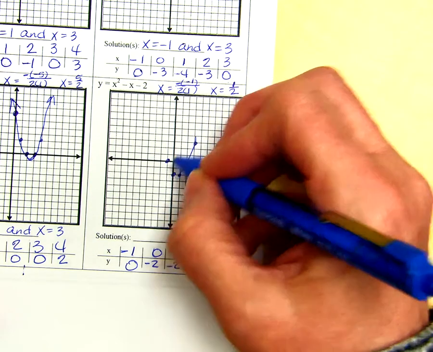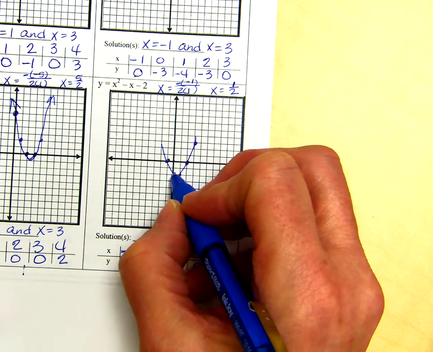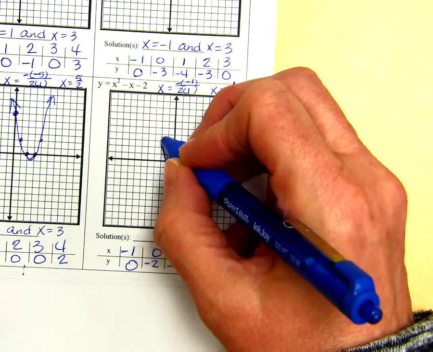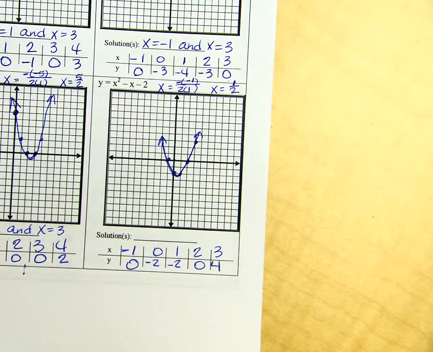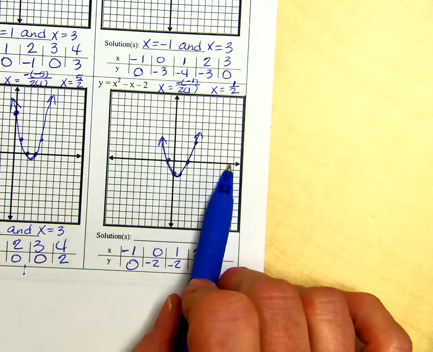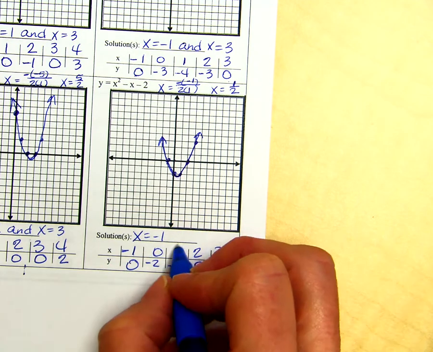So we have this part going up here, but this is going to dip below those two a little bit. Not quite sure how much, but we do know that it's going to go below them because that's our vertex, and it's going to be below these two. So our solutions are negative 1 and positive 2, because these are where the graph crosses the x-axis.